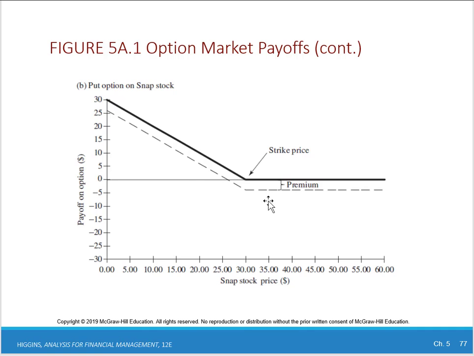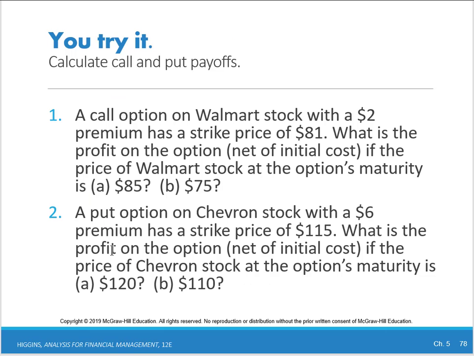Next, if you look at a put, it's the opposite because it's going to gain value if the stock price goes down. And again, it just has to go down below what we refer to as the exercise price. So we have a little example here. And again, I'm not going to go through this. If you have the PowerPoint open, you can see the calculations down below.